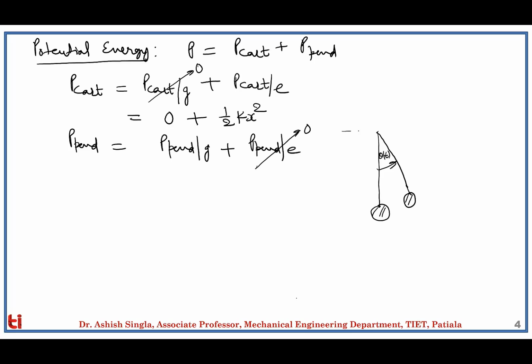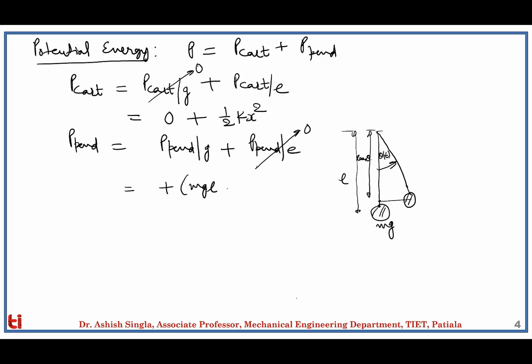So we have to calculate the change in potential energy. We know mg. The original length is L, and because of this rise of the pendulum, this component is L cos theta. So the change in potential energy is mgl minus mgl cos theta, and because of the rise of the pendulum, we use the plus sign.